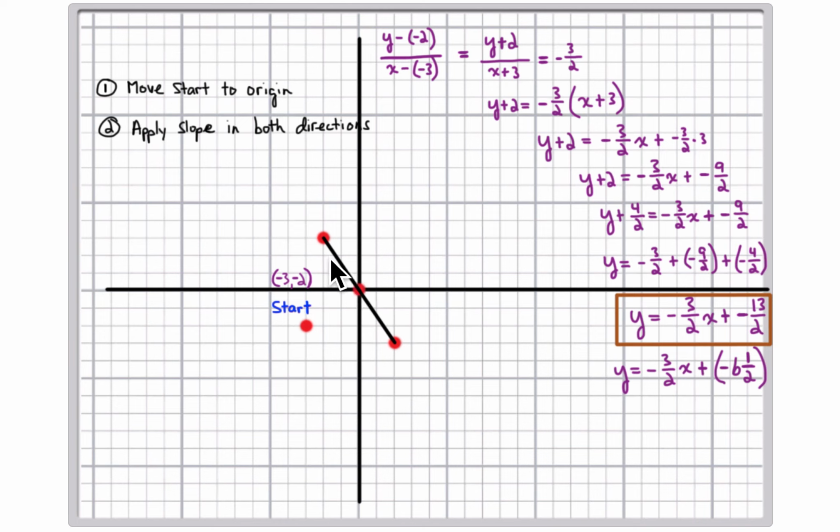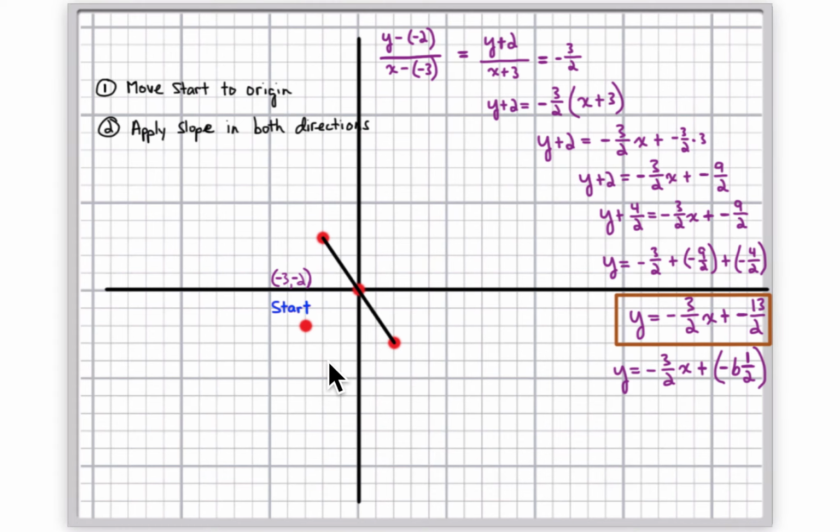So now what I have to do is add a negative 6 1/2 to each of these points, because I have to move this down to the y-intercept and also move these 2 points down to their appropriate place. This is a translation, so you're going to translate this line a negative 6 1/2 units down.